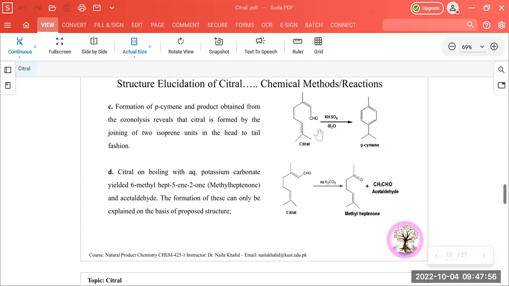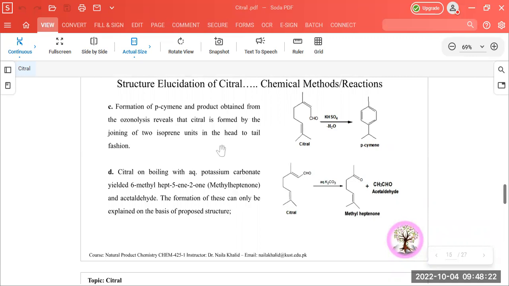It shows that there must be a joining of two isoprene units, because the number of carbons is also C10, and each isoprene has 5 carbons. This is evidence that there must be a head to tail connection of the two isoprene units.